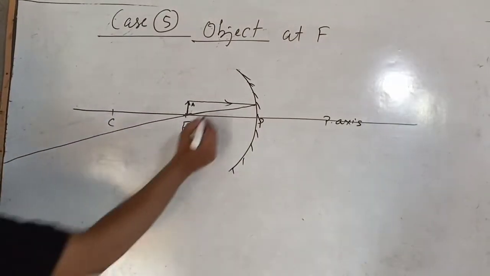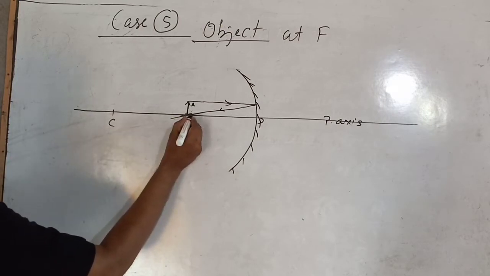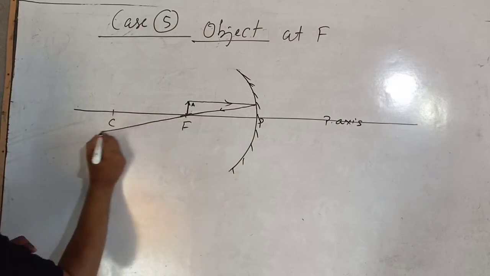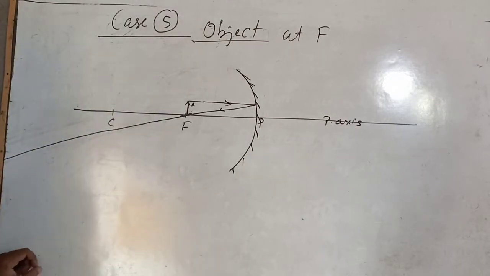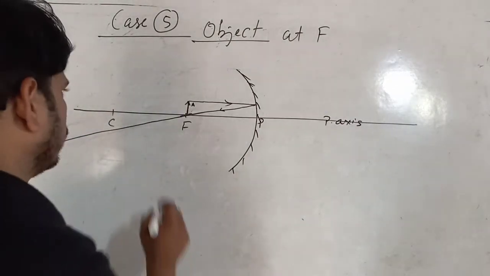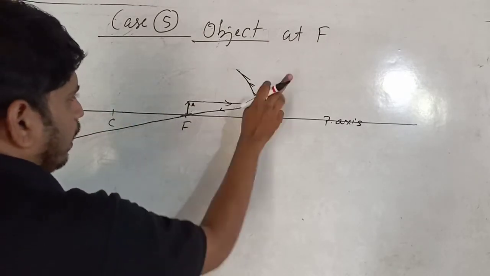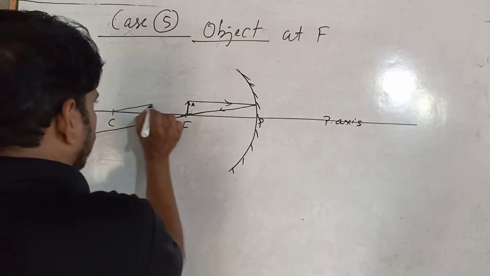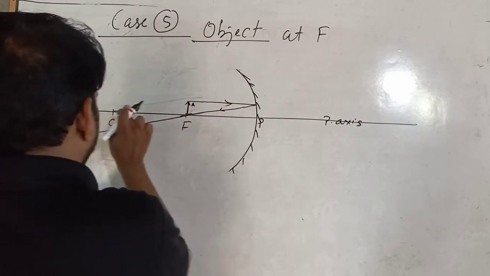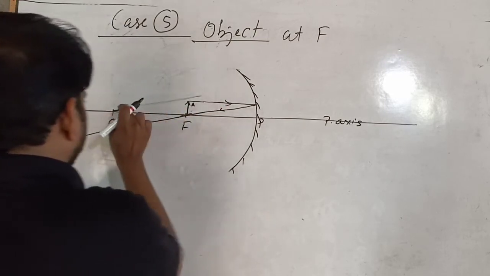After reflection, it will intersect. Use the ruler when you are drawing. Okay. Now another ray is from C, A and the mirror.